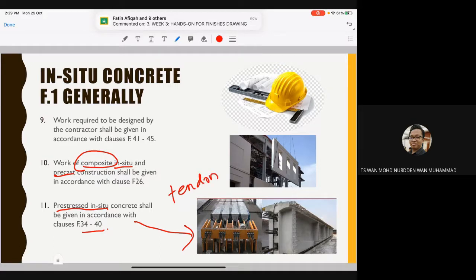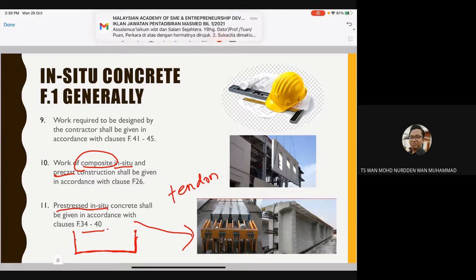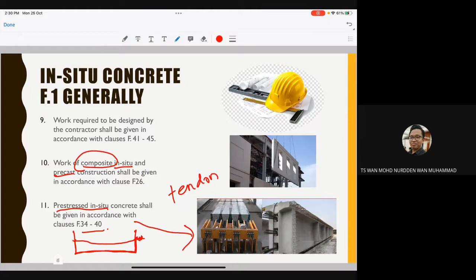Tendon ini kita akan stretch dahulu, sebab tu dipanggil pre-stress. Kita ada formwork, so kita akan ada tendon tu. Kita tarik dulu, kita anchor kan dengan anchor bolt. Lepas tu barulah kita pour concrete.